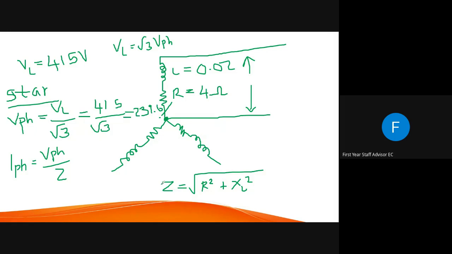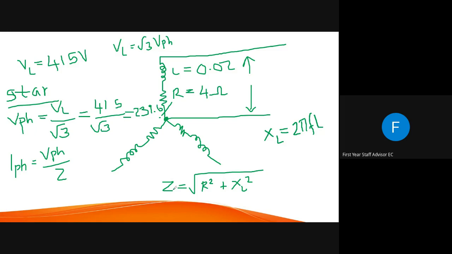The value of R is 4. We don't know XL, we know only XL is equal to 2 pi FL. The frequency is given in the question, that is 50 hertz. Inductance is also given, 0.02. Find out XL, and then find the value of impedance.